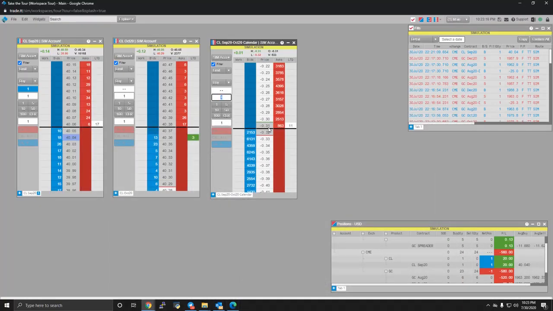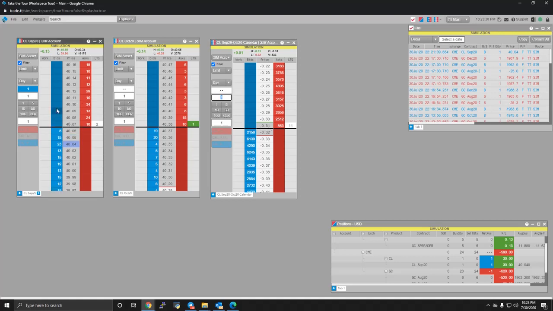It's almost even more unbelievable than the outright move, for a calendar spread to go that wide that quickly. It's just devastating to those who are on the wrong side of that, and extremely rewarding to those on the right side of that move.